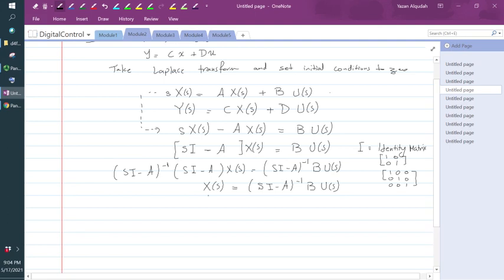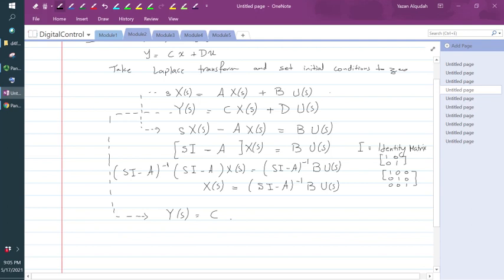So now that I have x of s, I can take x of s and substitute it in the equation for y of s. So I can take the equation here of y of s, and I can say that y of s is equal to c multiplied by x of s, but x of s is given by this.